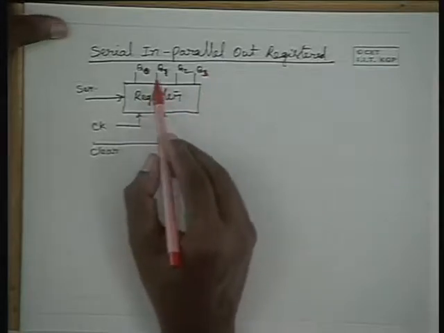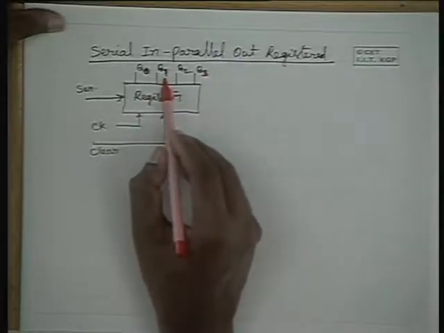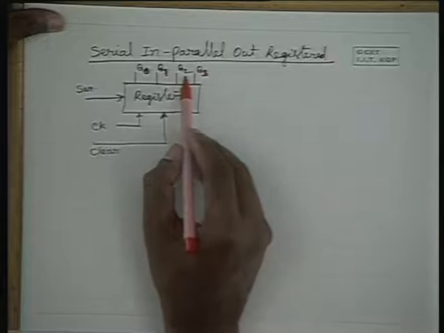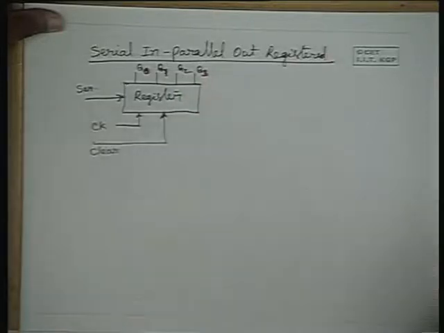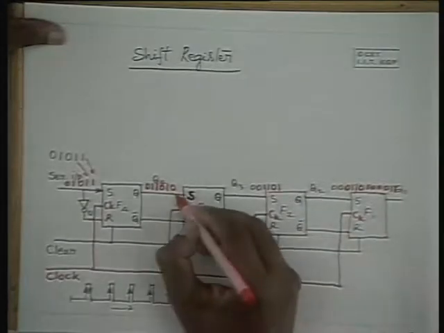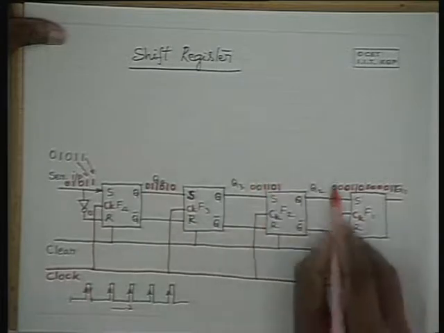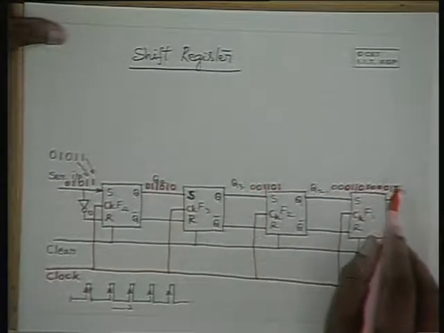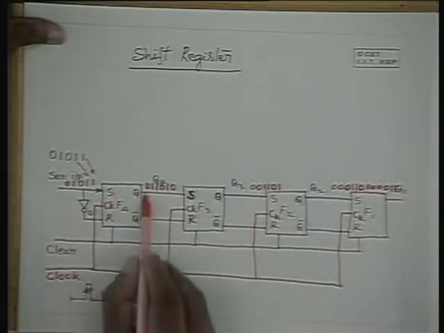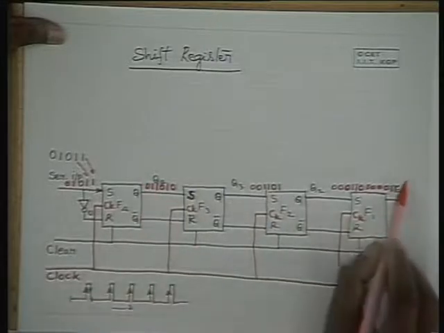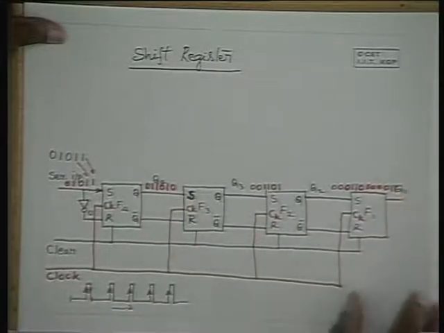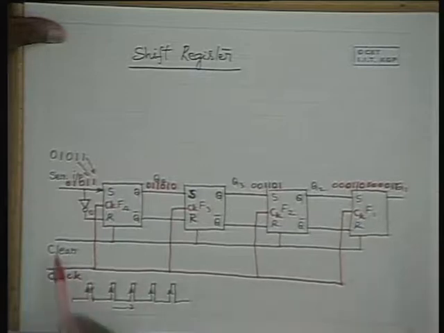The first flip-flop output is Q0, second flip-flop output is Q1, third flip-flop output is Q2, and the last flip-flop output is Q3. So these Q outputs are taken out. It has a clear and clock inputs.